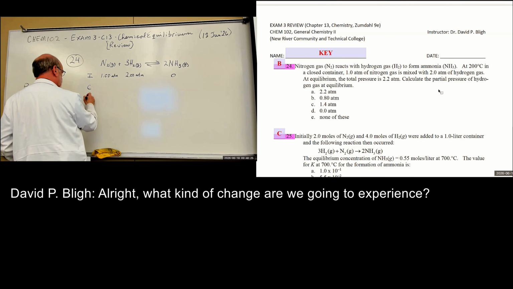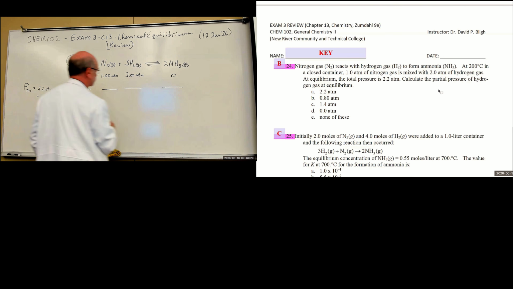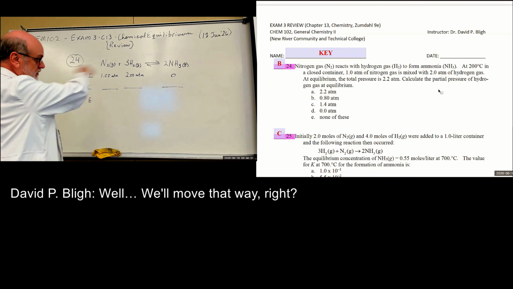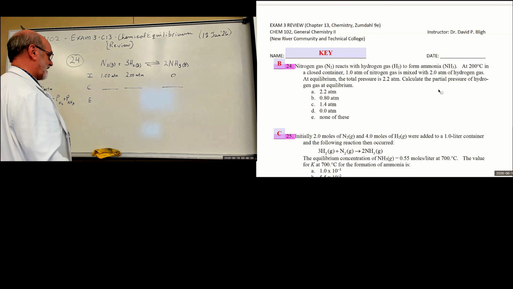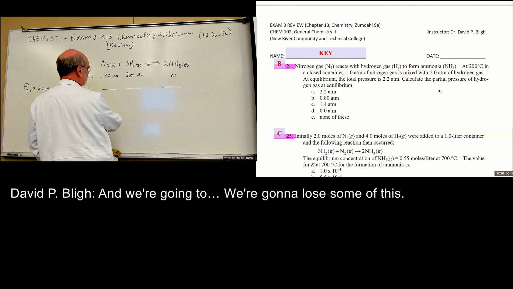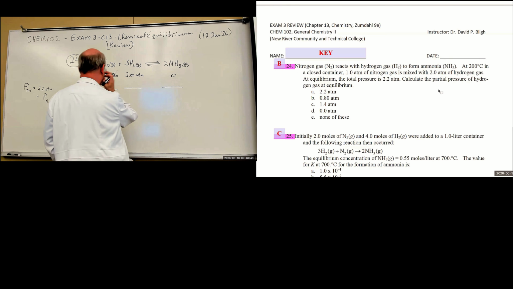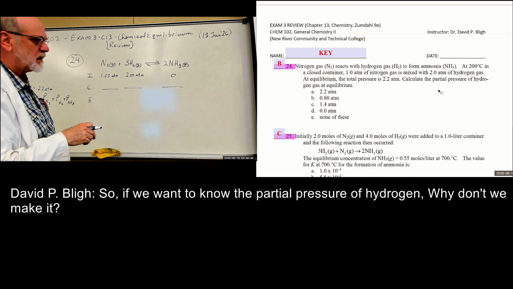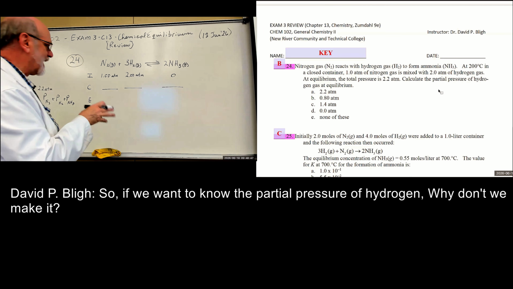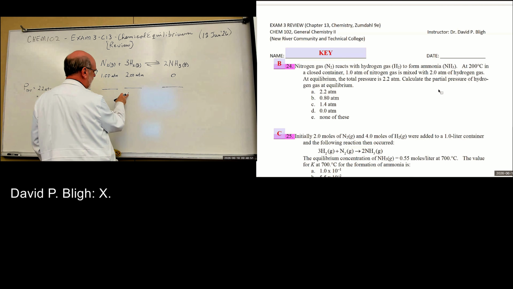All right, what kind of change are we going to experience here? Well, we'll move that way, right? And we're going to lose some of this and lose some of that to produce some of this. So if we want to know the partial pressure of hydrogen, why don't we make it X?